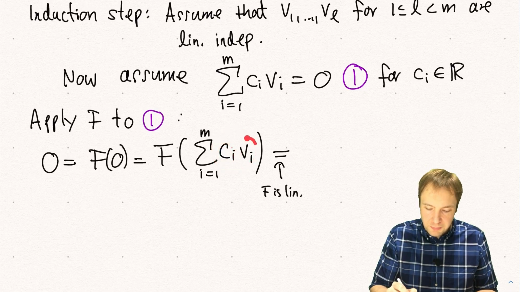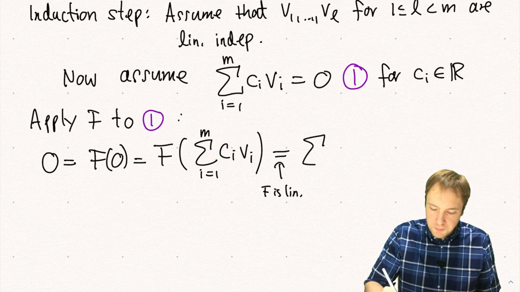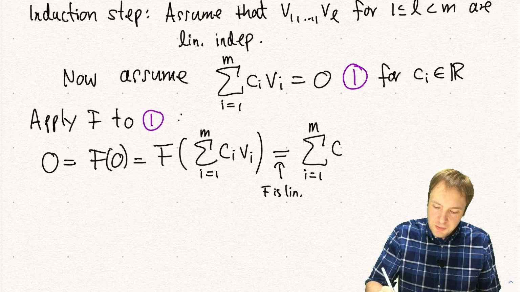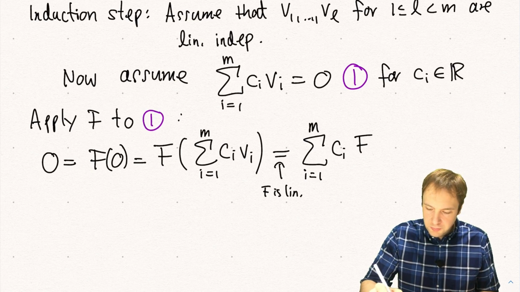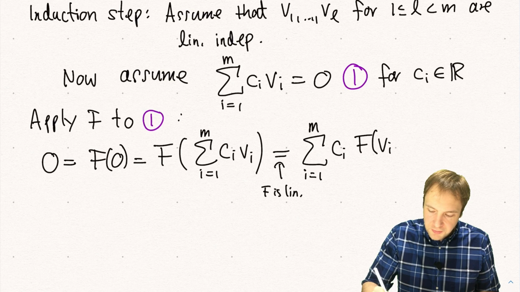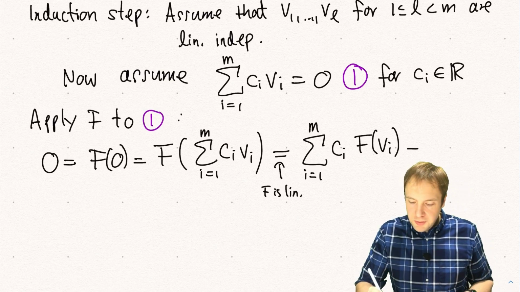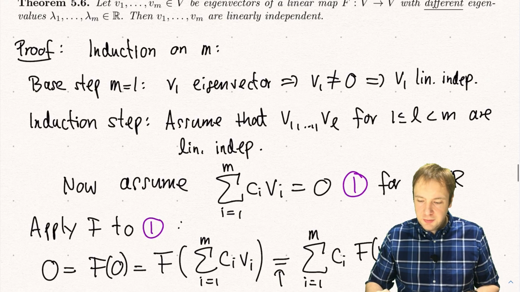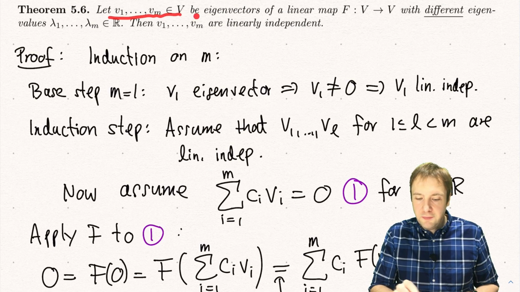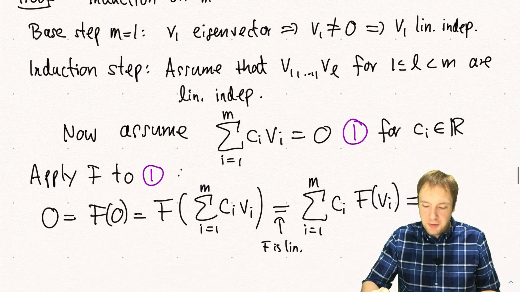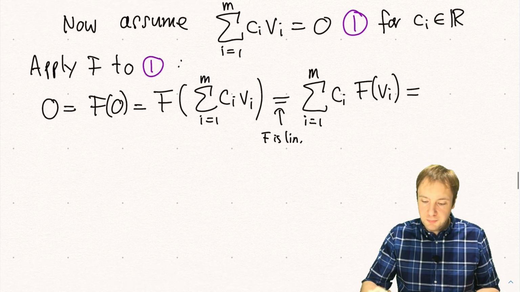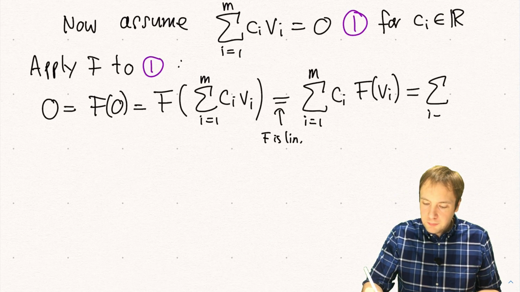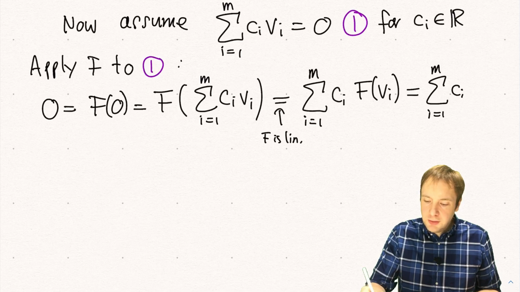Because f is linear, I can just apply it to the vector vi. So I have the sum, i goes from 1 to m, ci times scalar multiplication with f of vi. But we assumed these vi are eigenvectors with eigenvalues lambda 1 to lambda m, and therefore f of vi is just lambda i times vi. So I have ci times lambda i times vi.